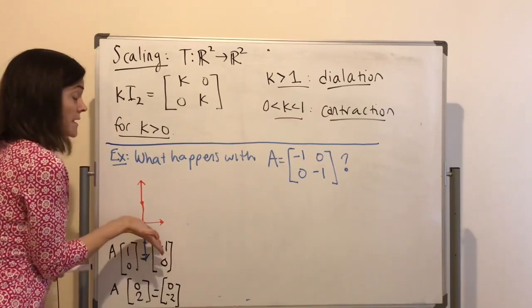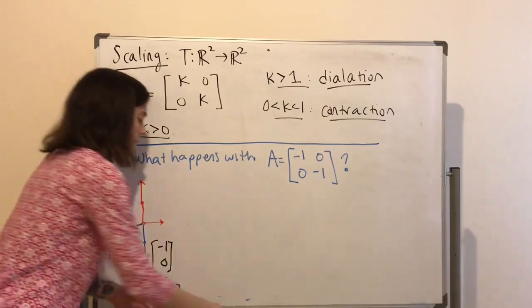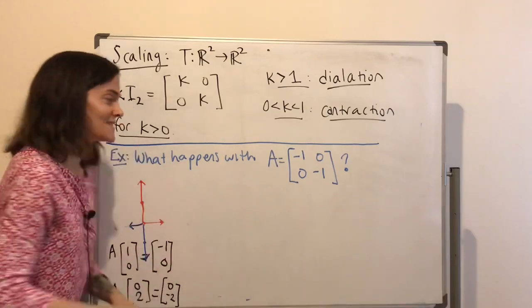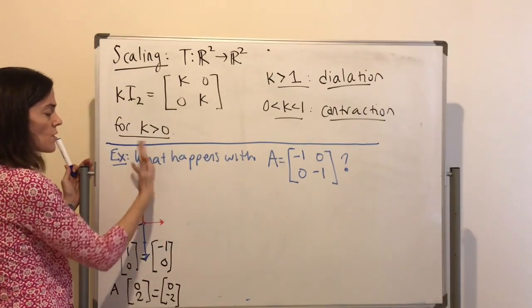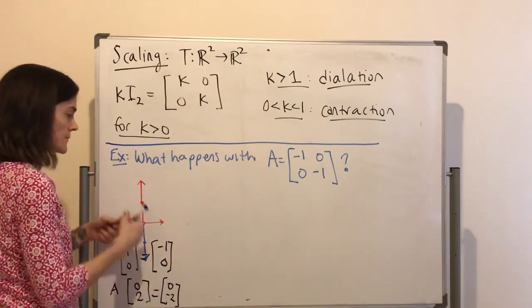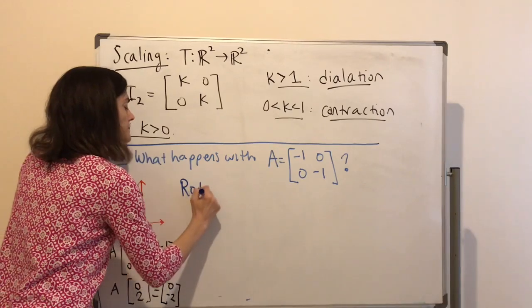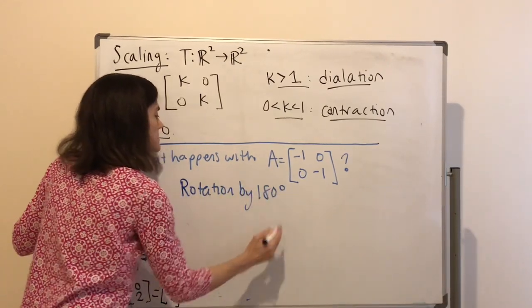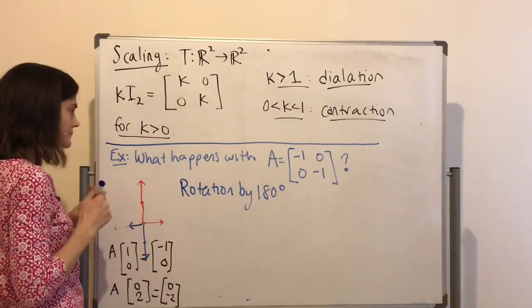What you're doing, we can see, we are rotating by 180 degrees. And this is leading us into the rotations. We see what's happening, right? This L just rotated 180 degrees. So this matrix is rotation by 180 degrees, or if you think about it in radians, you're rotating by pi.